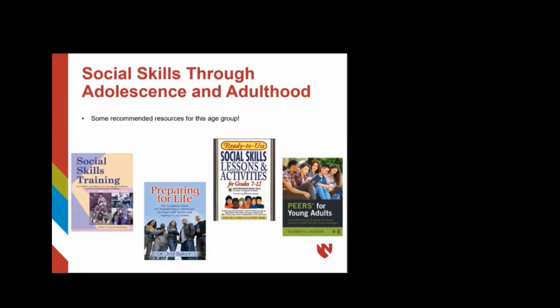And then additionally, one more resource that we recommend is the Peers for Young Adults. It's an evidence-based curriculum for social skills for adults who are interested in making and keeping friends. It touches on developing romantic relationships, includes didactic lessons, role play, demonstrations, and lots of different practice opportunities.